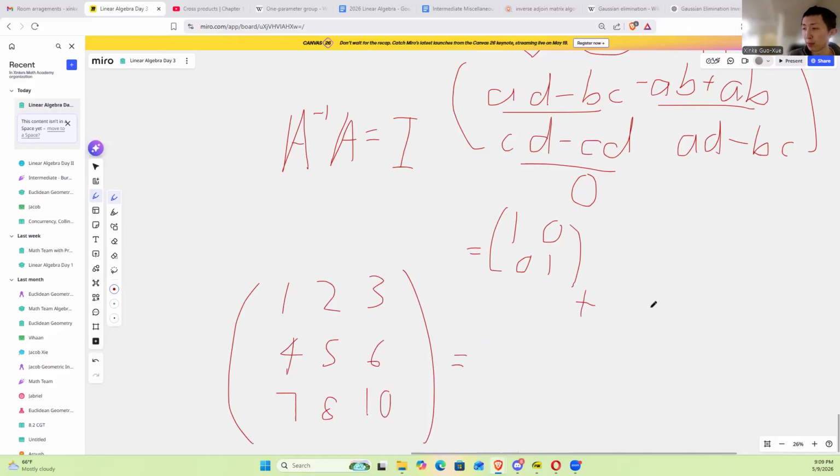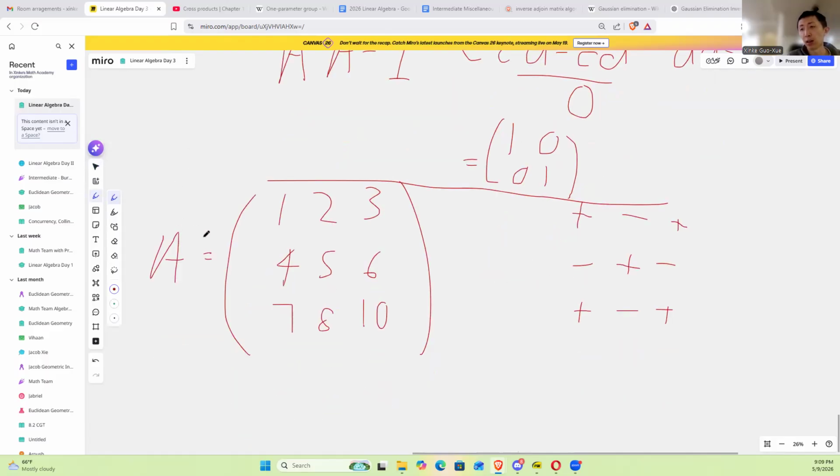One is a sign matrix, which for 3 by 3 is this. The other is a cofactor matrix, and I think it's called an adjugate.